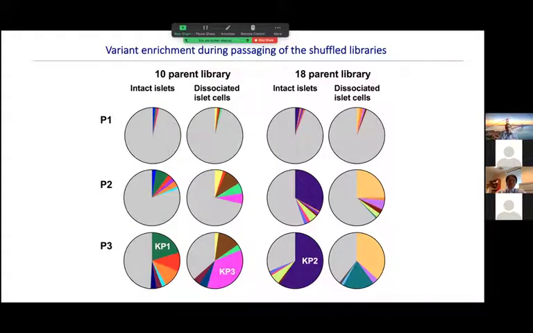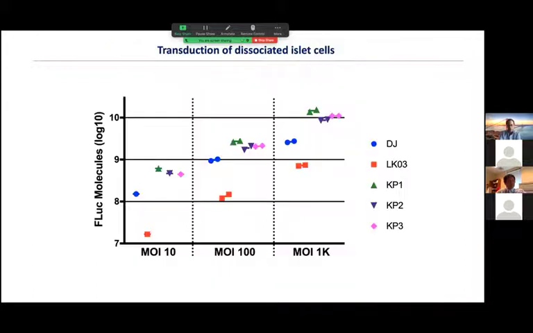So one of the applications of this was to passage the library through human islets, and we used intact islets and dissociated islets, and we did multiple rounds of selection, and we came up with 3 capsids labeled KP1, 2, and 3. And I won't go through all of the data.